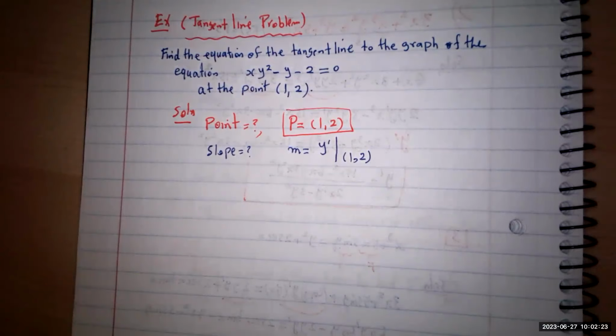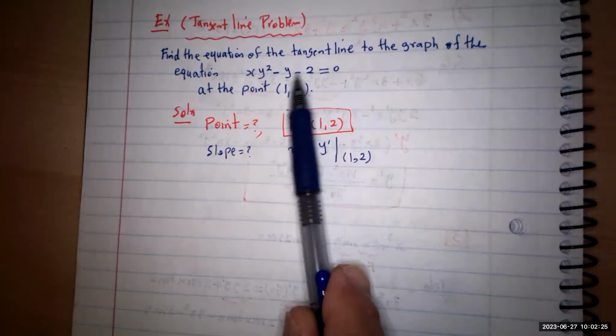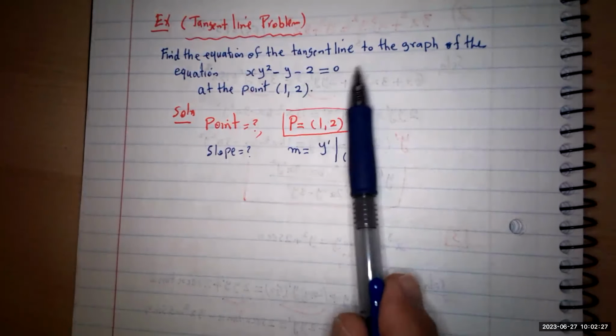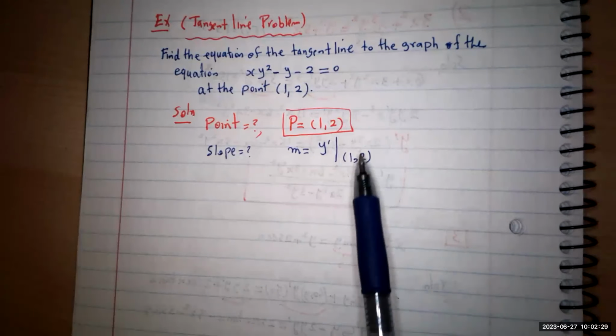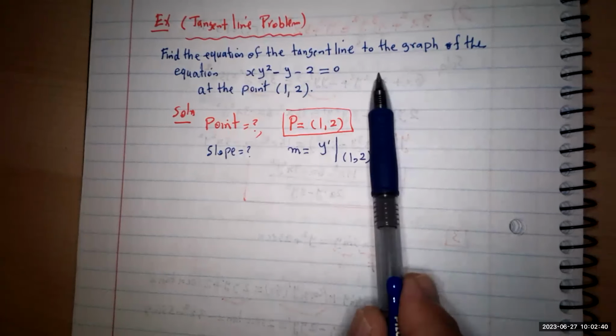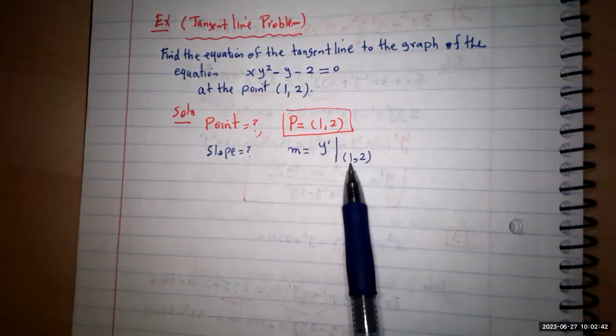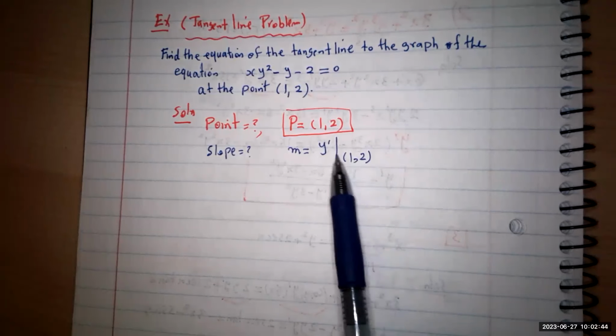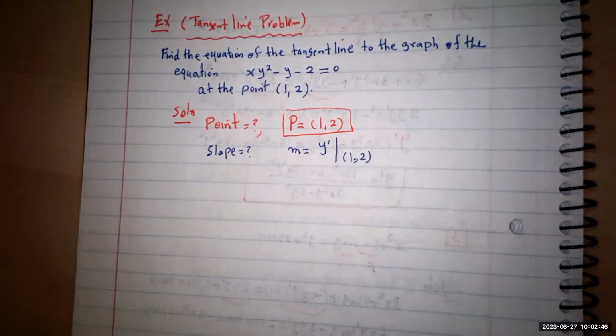So this means you differentiate both sides of this equation implicitly. Then you substitute for x and y, x equal to 1, y equal to 2, and you solve for y prime. So differentiate both sides, substitute x equal to 1, y equal to 2 to get the y prime. That y prime would be m. You don't have to solve it for y prime, but you have to substitute first to get it. So this is the way we do it.